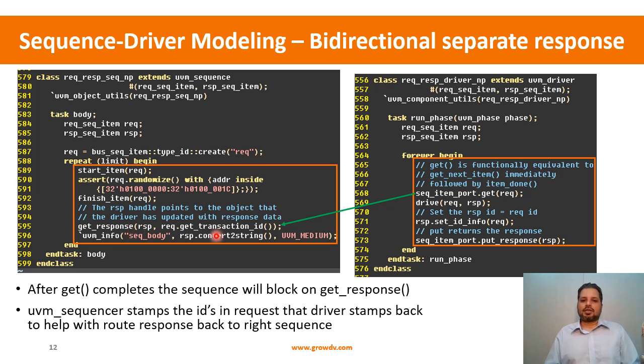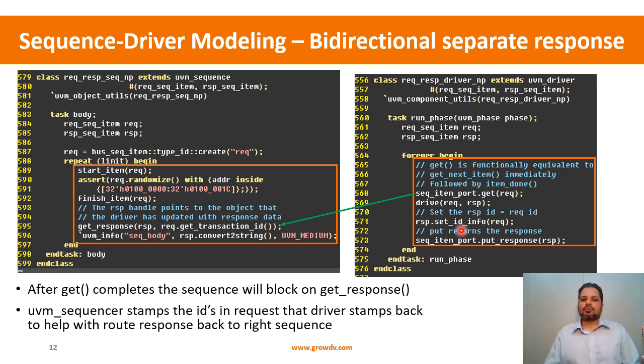This is an optional argument that you can pass. If you pass it, then it will block till the corresponding matching response arrives. If not, whatever next response arrives at the sequencer corresponding to this particular sequence, the get response would get unblocked. So the get response is now blocked, right?